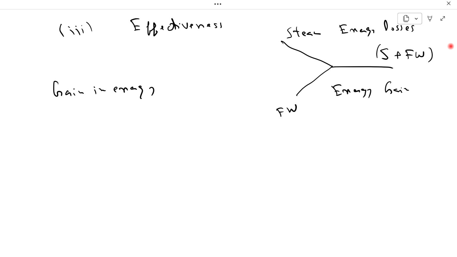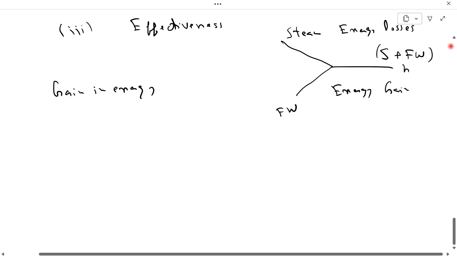Gain in exergy, denoted E2, is equal to H3 minus H2 minus T0 into S3 minus S2. Here the enthalpy is H3 and here it is H2.